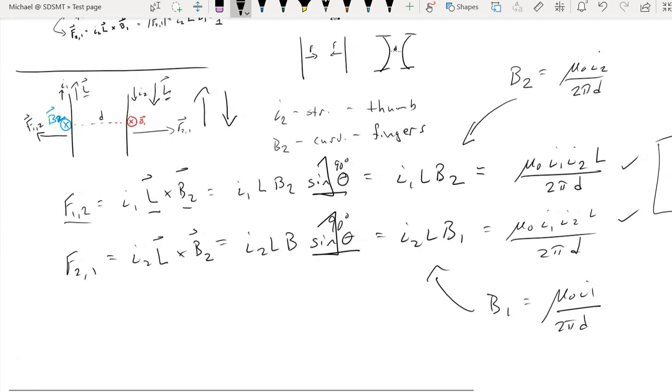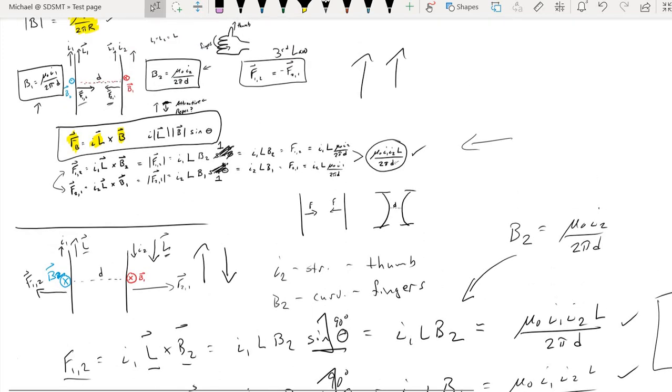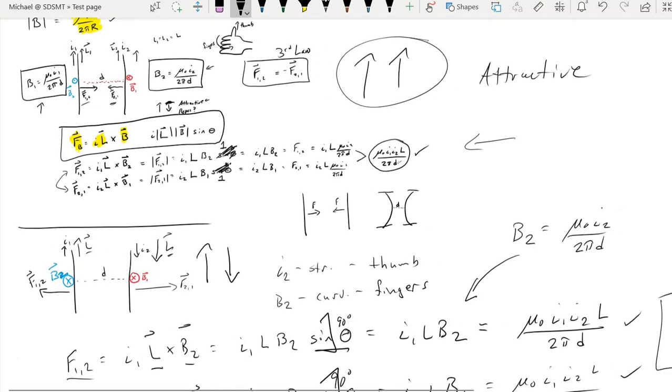So as it turns out, it doesn't matter if the wires are running parallel or anti-parallel to each other. The magnitudes are going to be the same regardless. The only difference is whether we have an attractive system or a repelling system. In the case of the parallel currents, the wires were attractive.